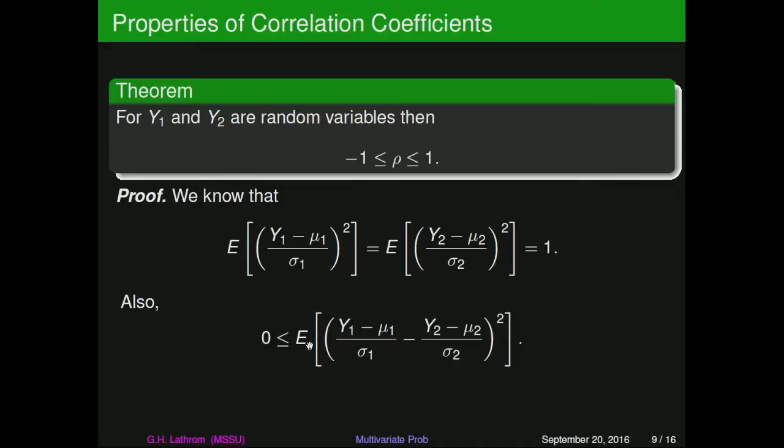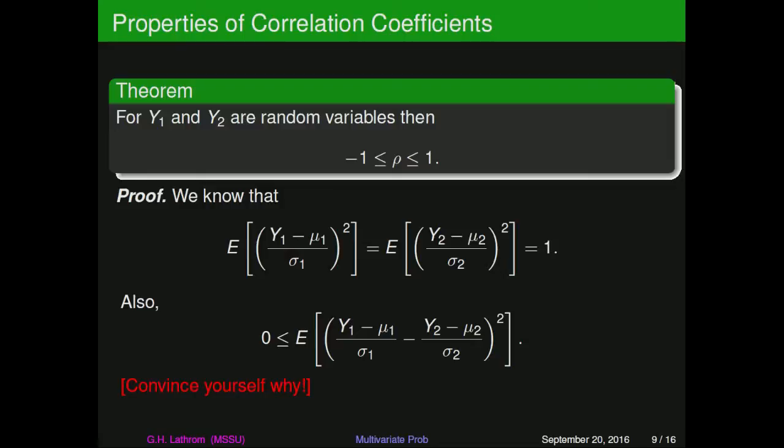Our next step is to see that if we take the difference of those two things and square it, and look at the expected value of that, it will be non-negative, so greater than or equal to 0. Why would that be the case? Again, this is another place where you can convince yourself. Just to give you a little bit of a hint, go back to your definition of expected value.